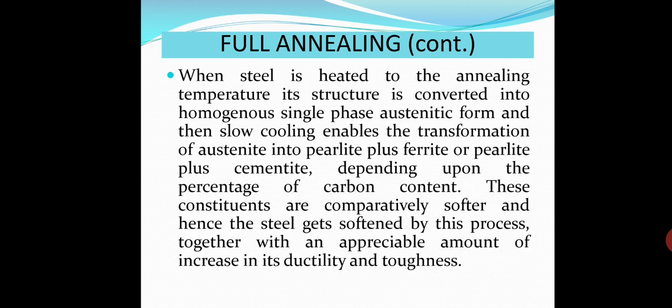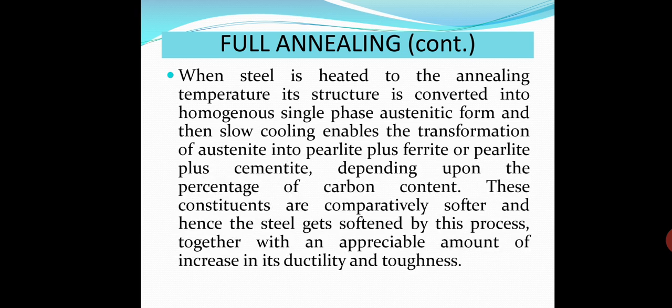When steel is heated to the annealing temperature, its structure is converted into homogeneous single phase austenitic form. So austenite is formed. You remember, when steel is heated to annealing temperature, austenite is formed. So austenite is to be converted to other microconstituents.